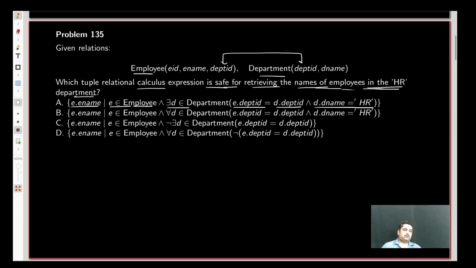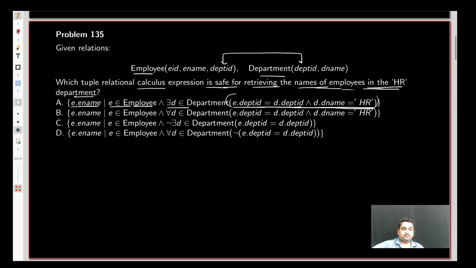So this selects all the employees that belong to the department, E.departmentID equal to D.departmentID, and then the department name is HR. This condition selects all those rows where employee.departmentID equals department.departmentID and department name equals HR.